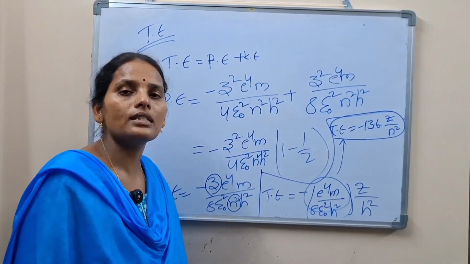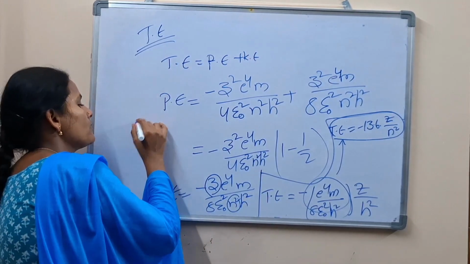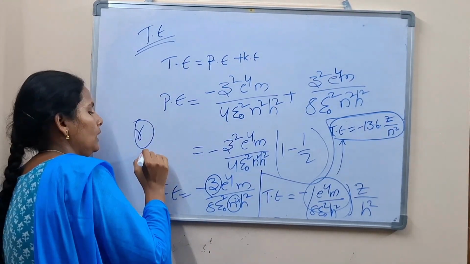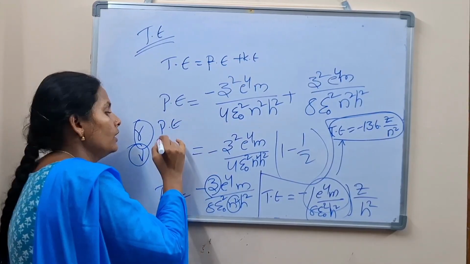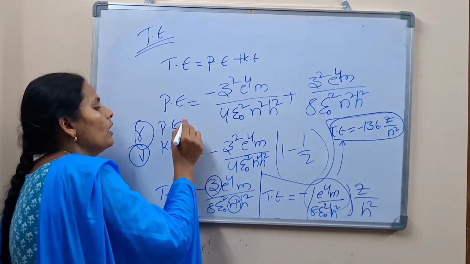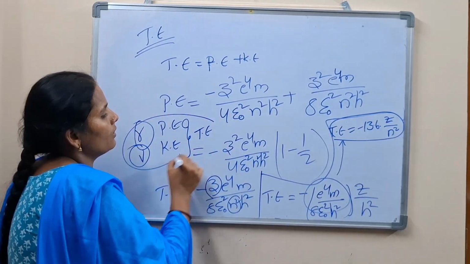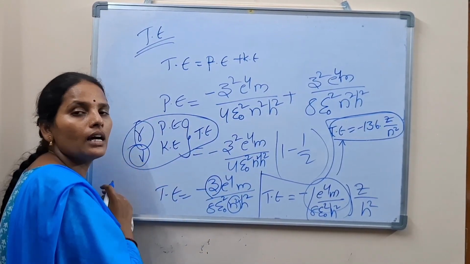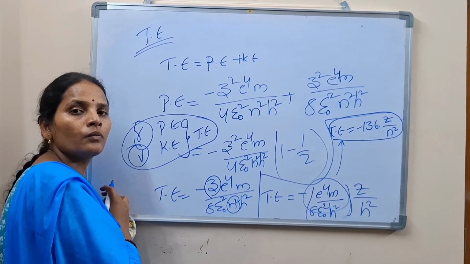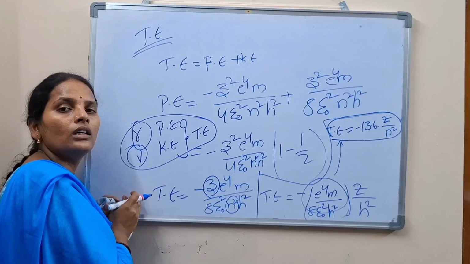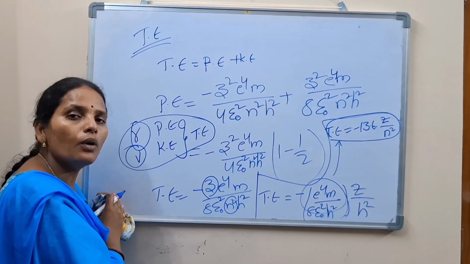By using these derivations, we calculated first the radius of the electron, next the velocity of the electron, potential energy of the electron, kinetic energy of the electron, and from these two we calculated the total energy of the electron also. Okay, this is the conclusion for the derivations and calculations. After this, we are learning about the drawbacks in Bohr's atomic model. Okay.